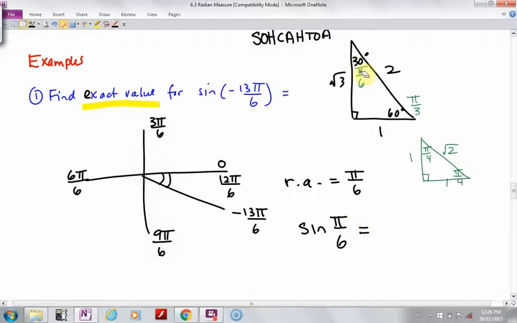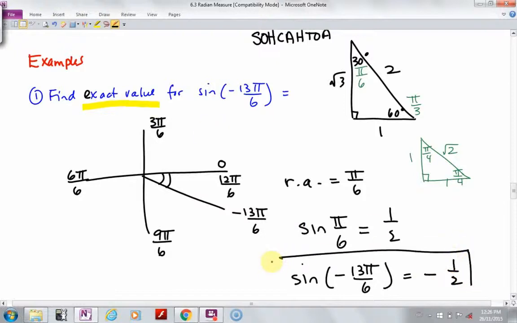The sine of pi by 6 is 1 over 2. So the sine of negative 13 pi by 6, which just means in the fourth quadrant, sine is negative. So that would be our final answer.